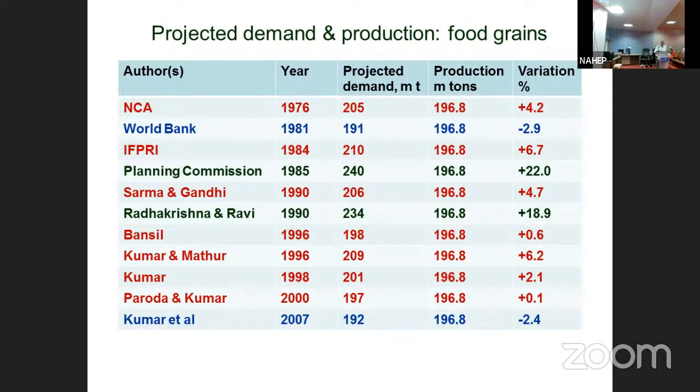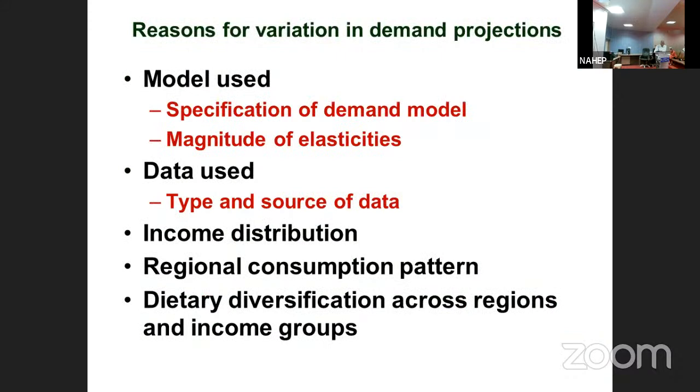Right? So what are the reasons why it is so? Why is there a wide variation across studies? As I showed, there is wide variation across models, because which model you are using is very important. Which data you are using is also important.